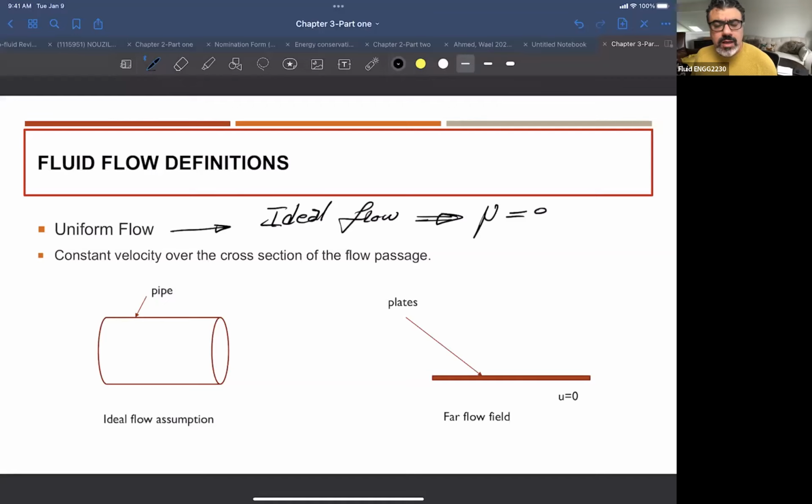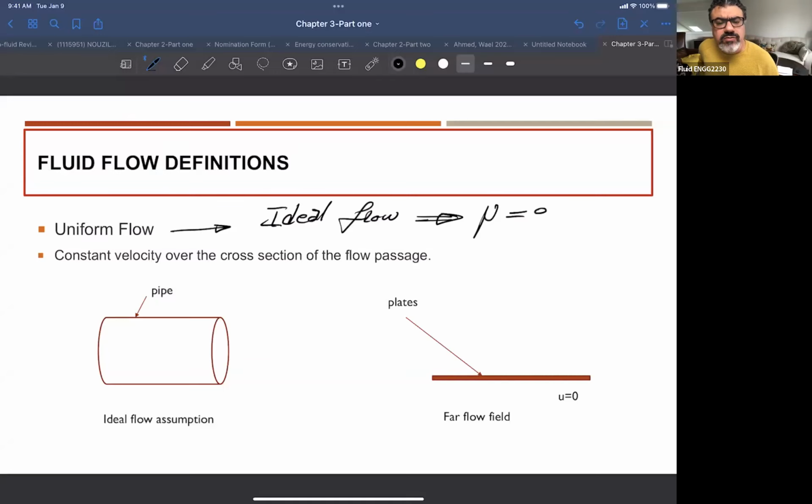No, right? But it's an approximation, because sometimes it's very helpful to set the viscosity to 0 and do the analysis to simplify the problem and get an idea about what's going on. Then once we know this, we can make the problem a little more complex by including a viscosity.